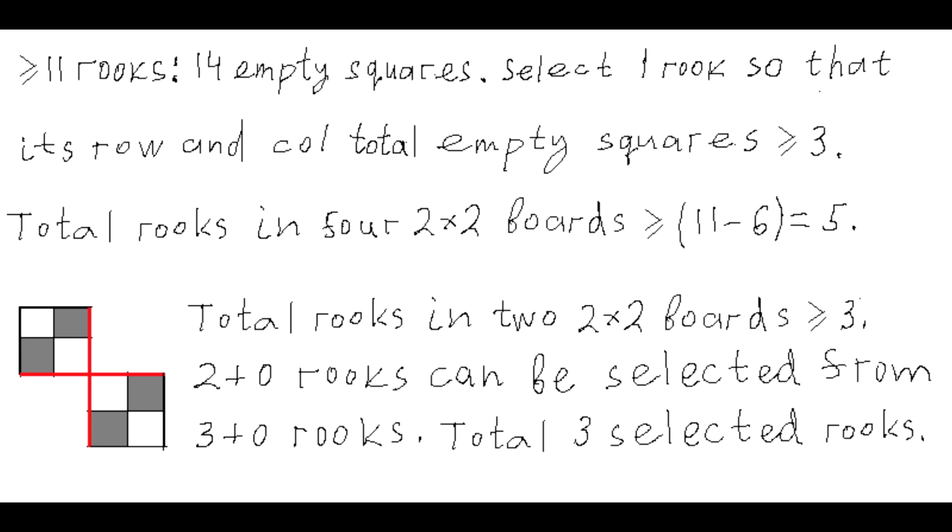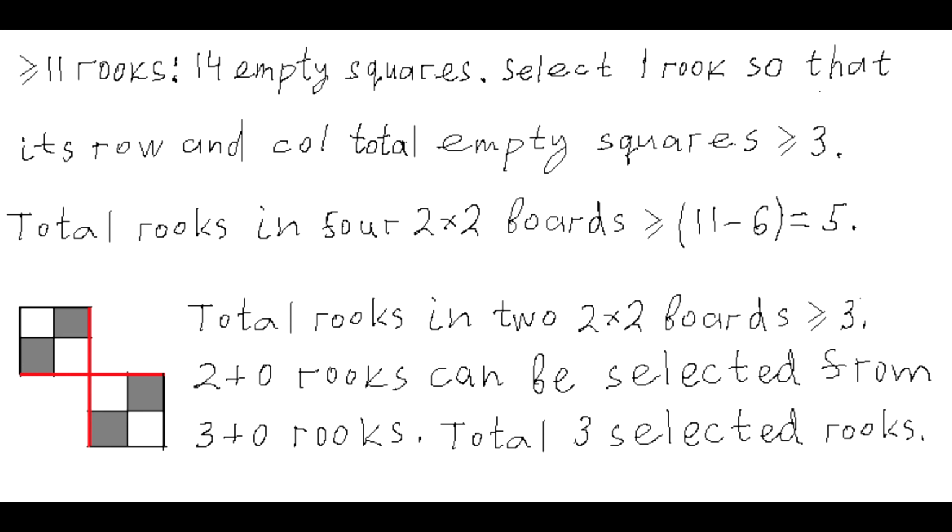Finally, we need to prove that at least 3 rooks that do not attack each other can be selected from 11 or more rooks placed on a 5 by 5 board. It suffices to prove it for exactly 11 rooks on the board. Such board contains 14 empty squares.